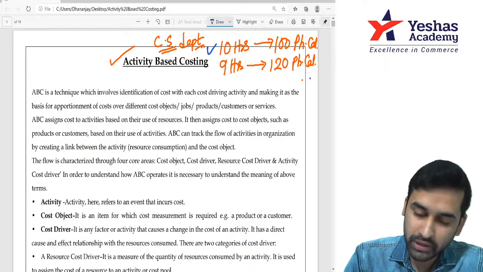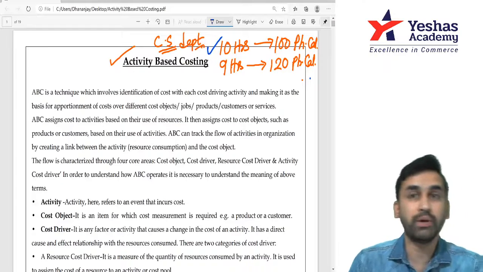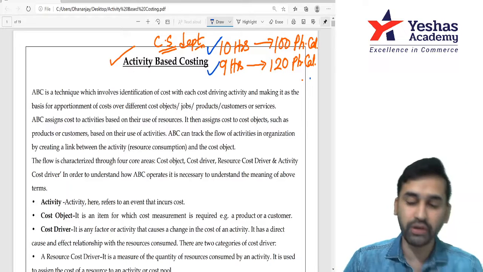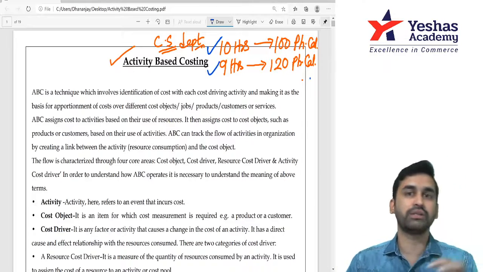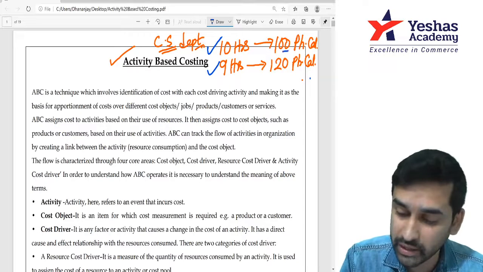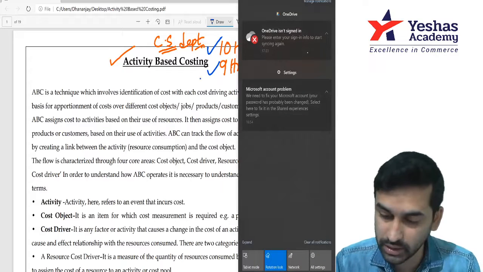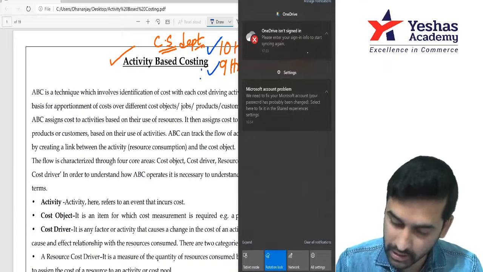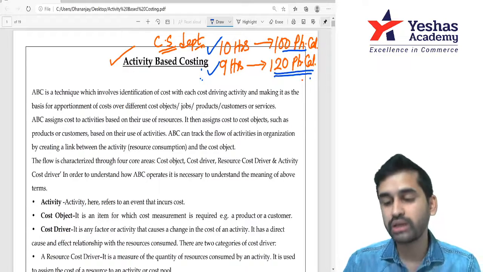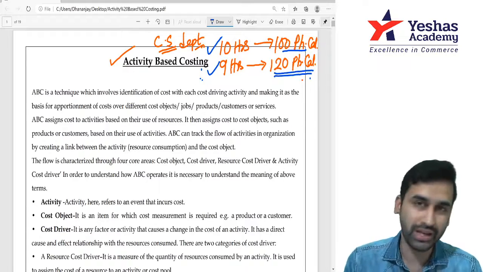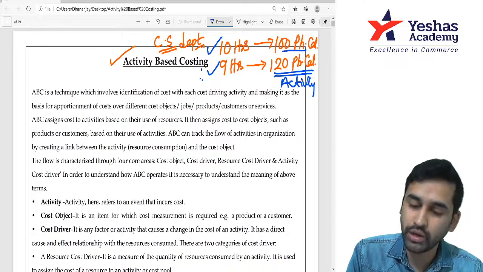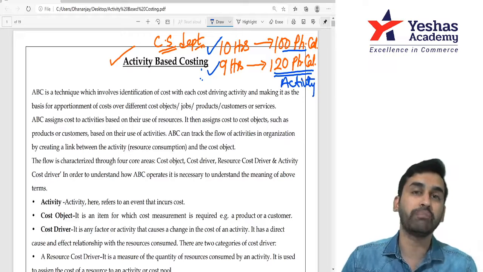I am working for 10 hours. That means I am talking about time spent by me. My friend is working for 9 hours. Now when I compare 10 hours versus 9 hours, my focus is time. But when you say that you are making 100 phone calls and your friend is making 120 phone calls, you are not talking about time here, you are talking about the work, or the activity performed.